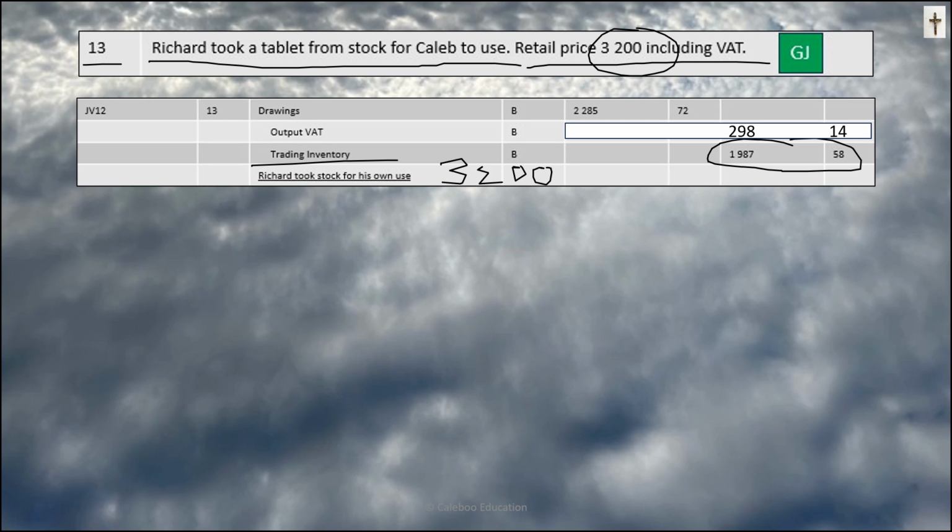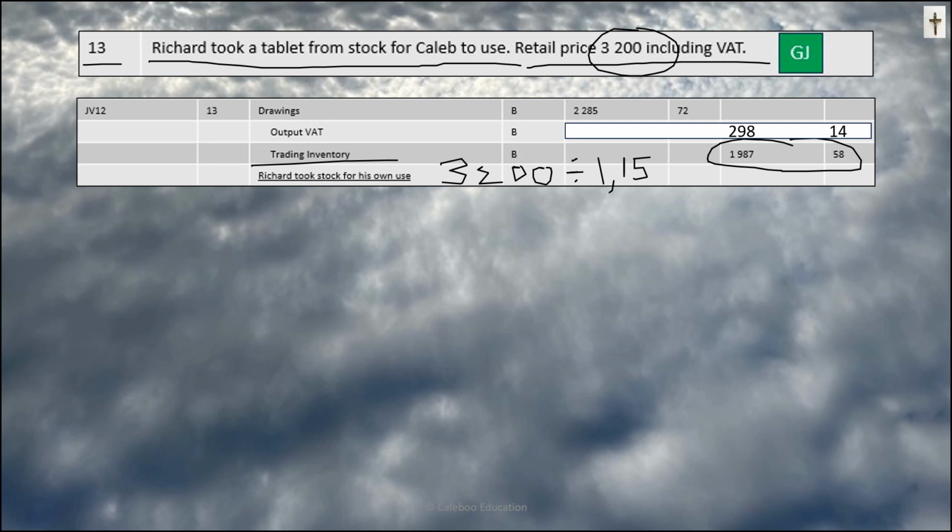To take off the VAT, I divide by 1 plus the 15%, which is the VAT rate, and as a decimal, that is 0.15. So to take off the VAT, I say 3,200 divide by 1.15.